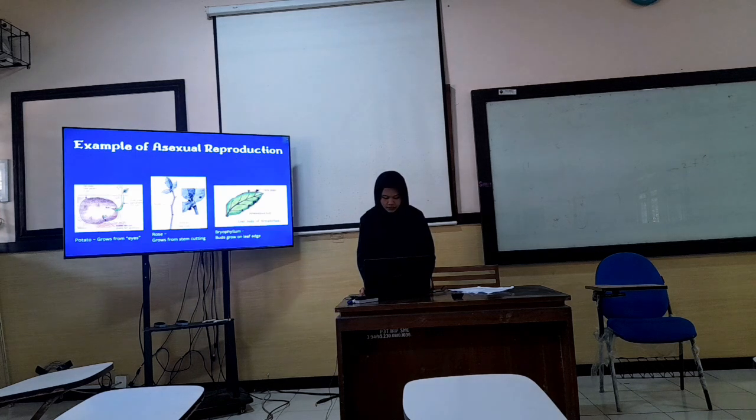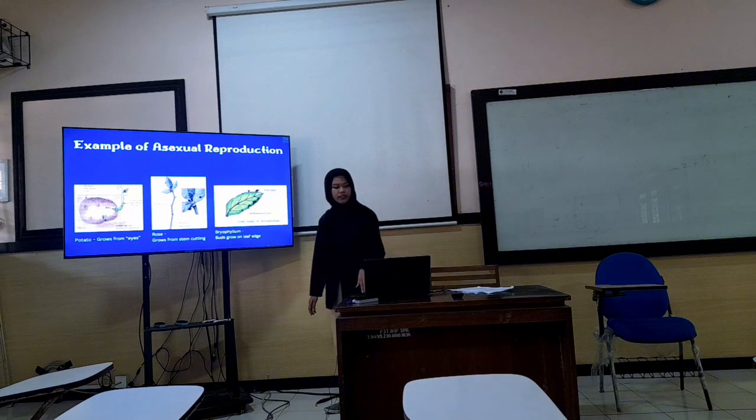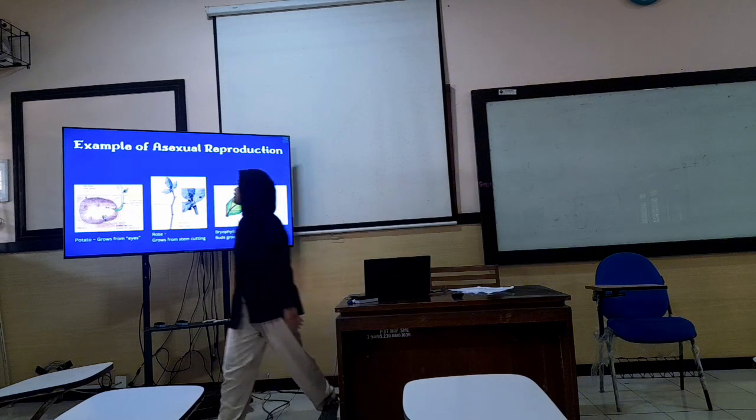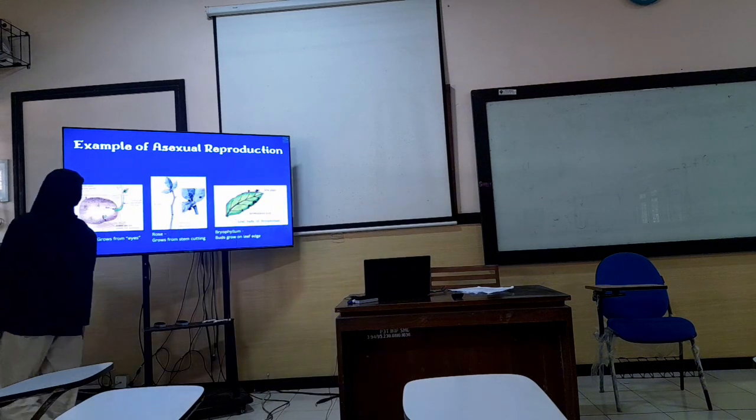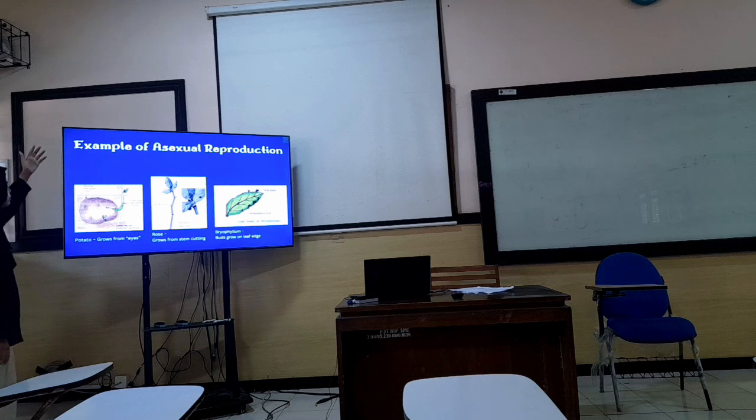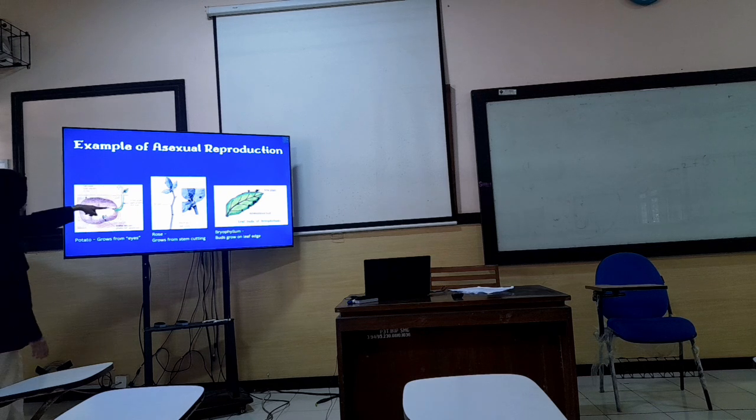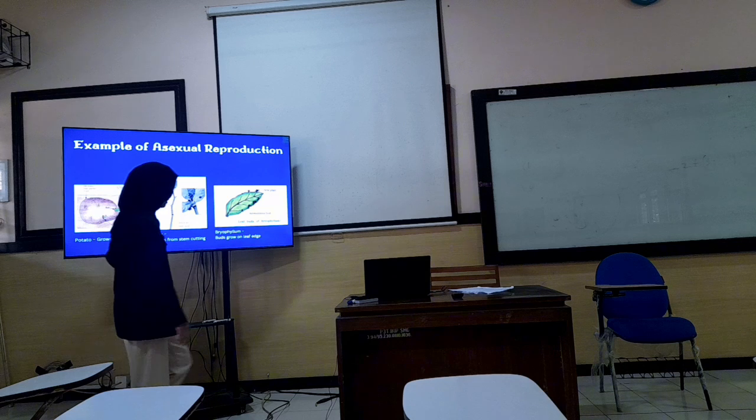Okay, the next is, here are the examples of asexual reproduction. Like I have explained before, this is potato. The method for growing potato is budding. So here the bud will break off and grow into a new plant, from the eyes of the potato.